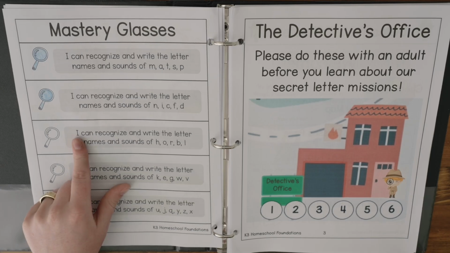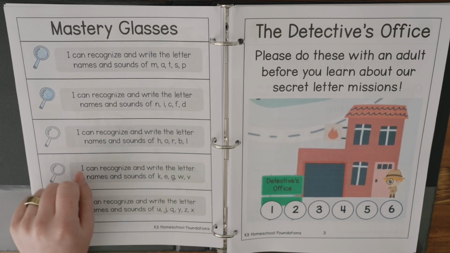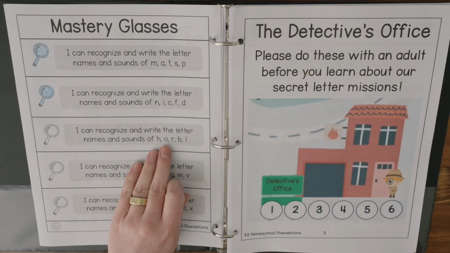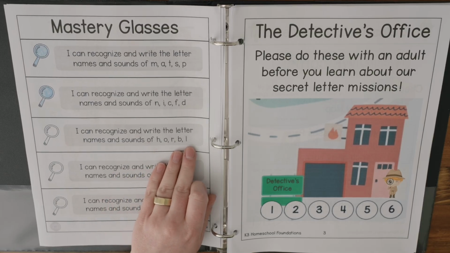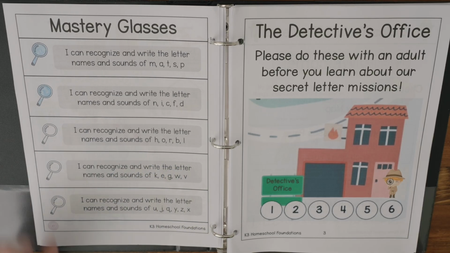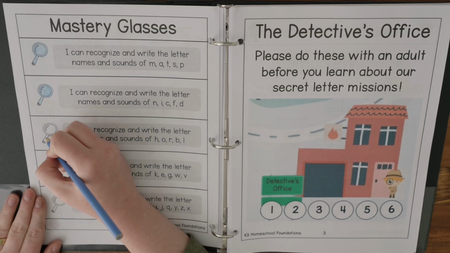Are you ready? Ready, set, go. Were you able to recognize and write the letter names and sounds of H, O, R, B, and L? Great job! You can color in a Mastery Glass.